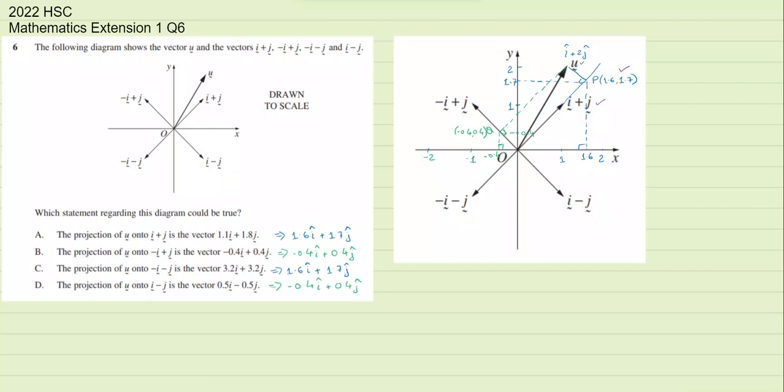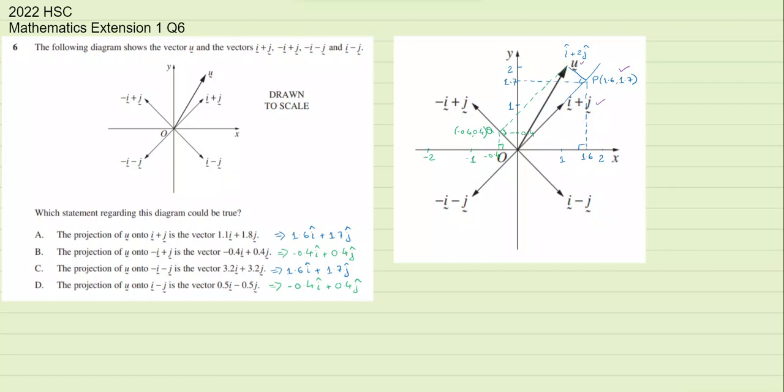In this case, I have dropped a perpendicular from vector u onto minus i plus j, and this perpendicular comes at point Q. If I drop the perpendiculars on the x and y axes, I see that the coordinates of point Q come to roughly minus 0.4 and 0.4 respectively.